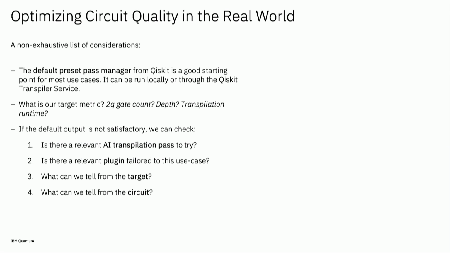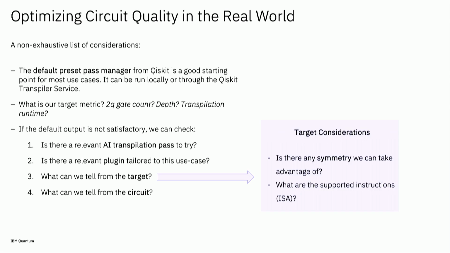And then it's always important to analyze both our circuit and our target. So if we start from the target, some questions. This is non-exhaustive. I might be forgetting something, but it's probably interesting to look at the symmetry, just see whether there's something in the structure of the coupling map that we can take advantage of.